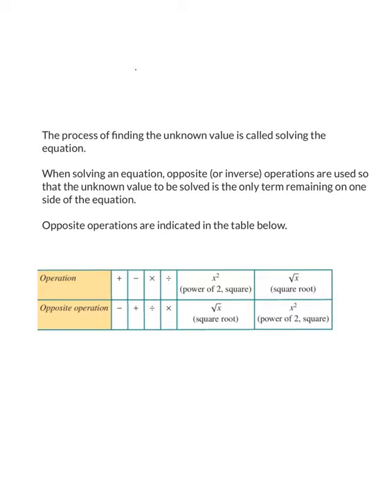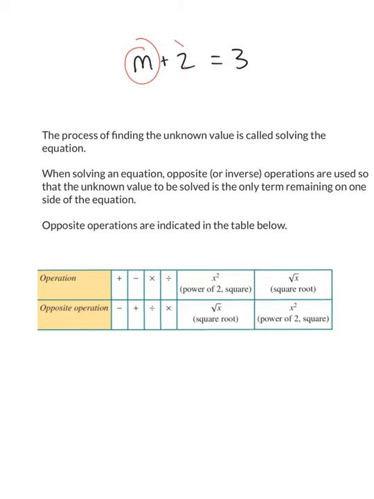When we have m plus 2 equals 3, what we're trying to do when solving is get that variable on its own. So here we'd use inverse operations. I'm going to give you a little example. We're trying to get m on its own, so we need to apply the inverse operation to this positive 2.